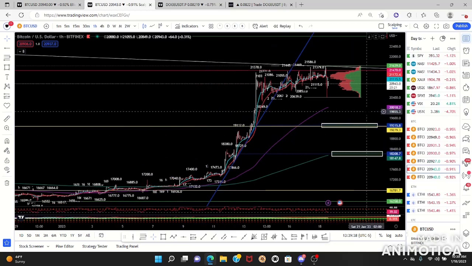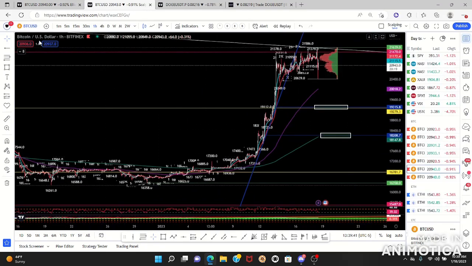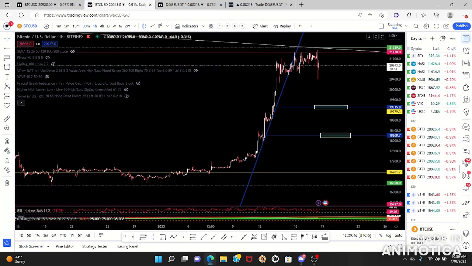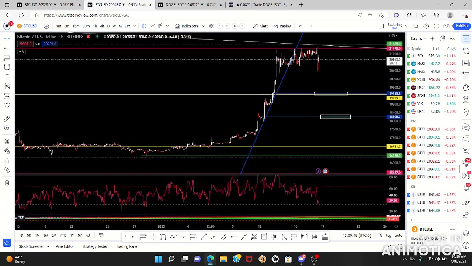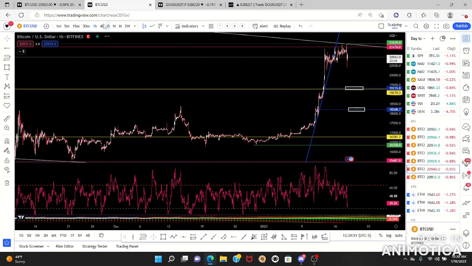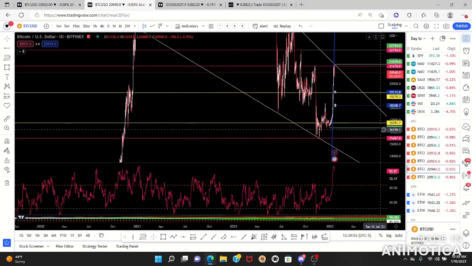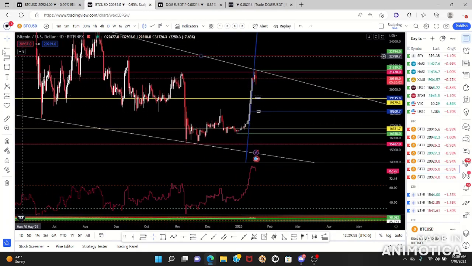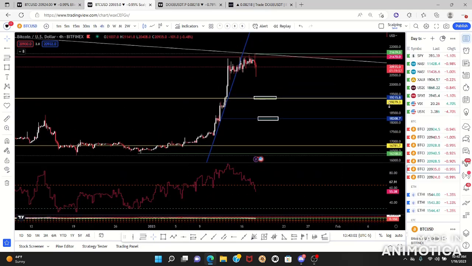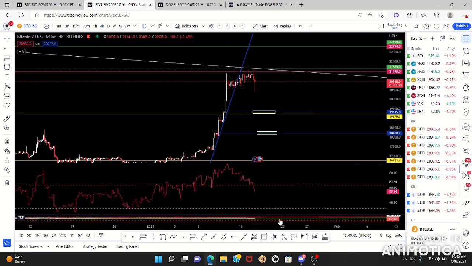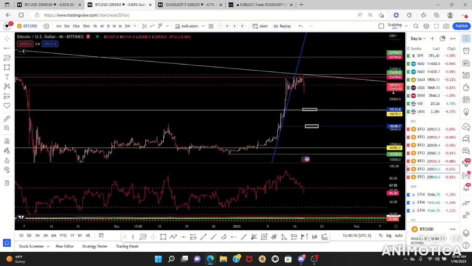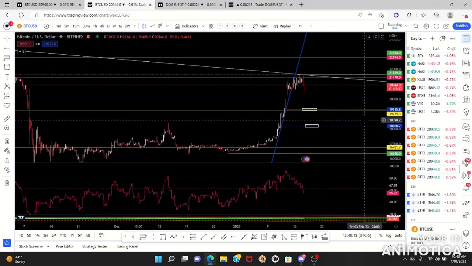Okay, so level to level, let's just play the game here. Let me see my RSIs. I was just looking to see, obviously it's been overbought, but I do like to look at my RSIs for overbought or any divergence.